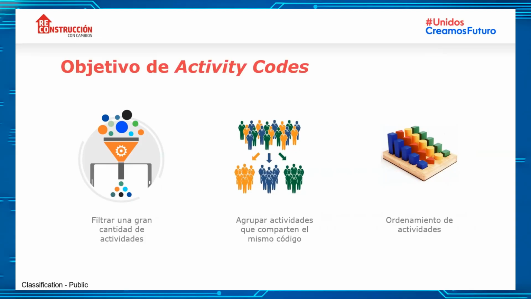We have already seen in previous sessions that the original structure of how we are going to organize our projects is the WBS, but we always have the need to visualize the project ordered in a different way.